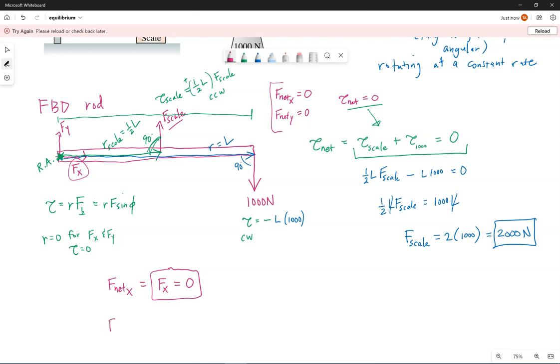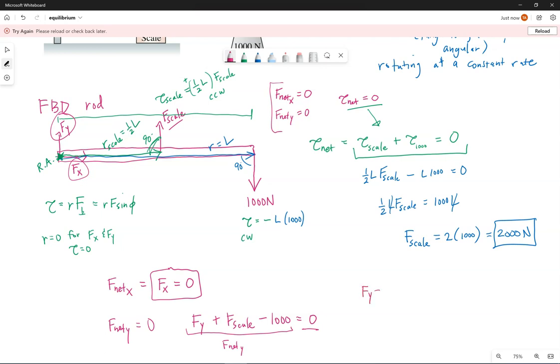In the y direction, for the pin, I'm going to just draw a separate equation. So the pin, I drew it having a y component of force upwards. I already know the scale's force is upwards. And I know the 1,000 newtons hanging at the right end is downwards. So this here represents my net force in the y direction, and it must equal 0 to be in equilibrium.